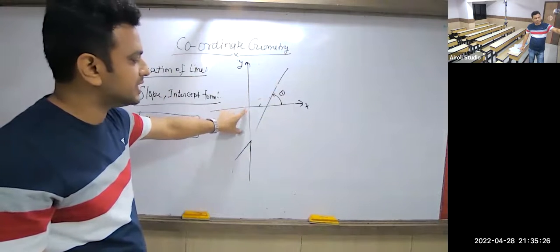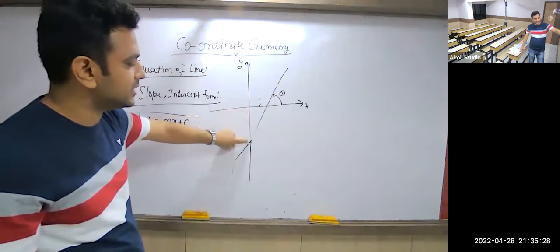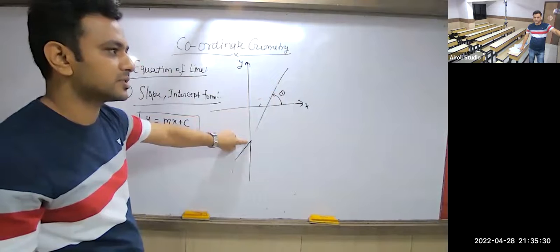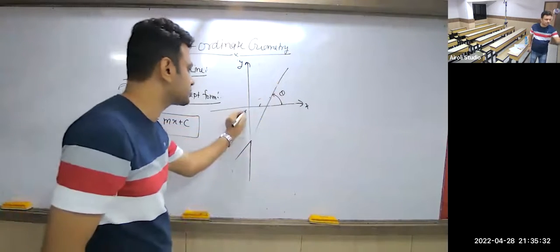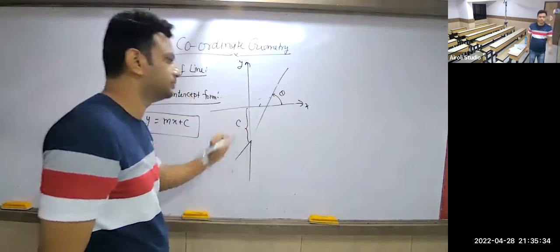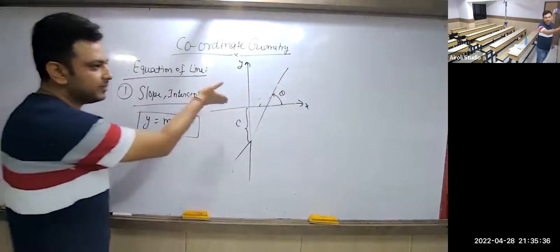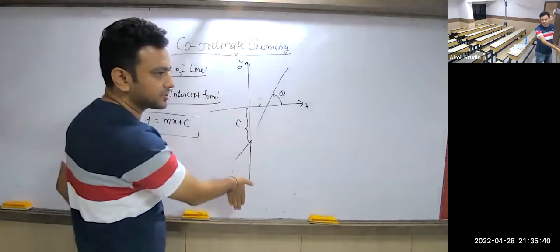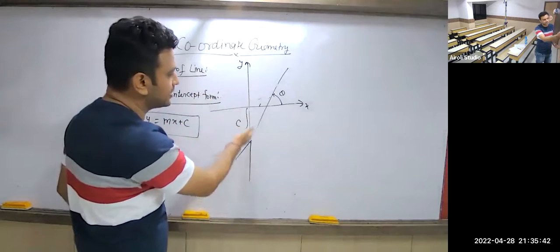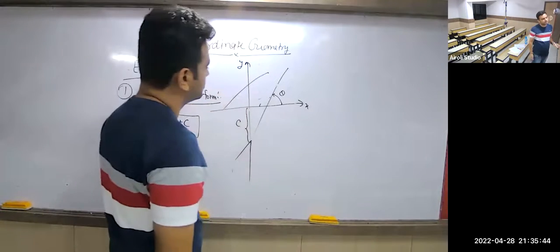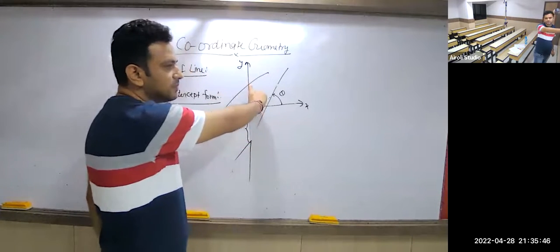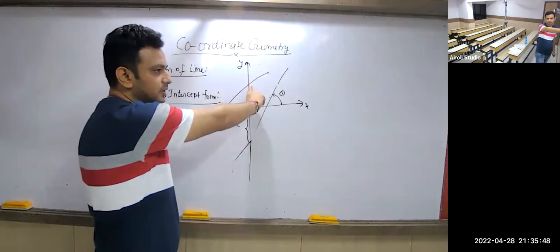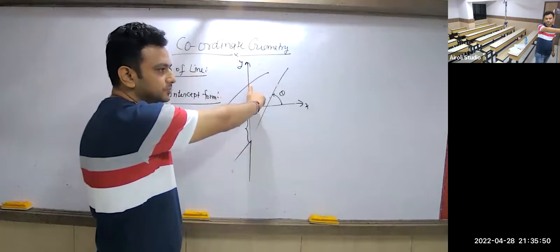It is the distance between the origin and the intersection point with the y-axis. This intercept is called c. In this case it will be negative because it is in the negative y direction. If the line is like this, it represents the intercept with the y-axis, and its value will be positive.